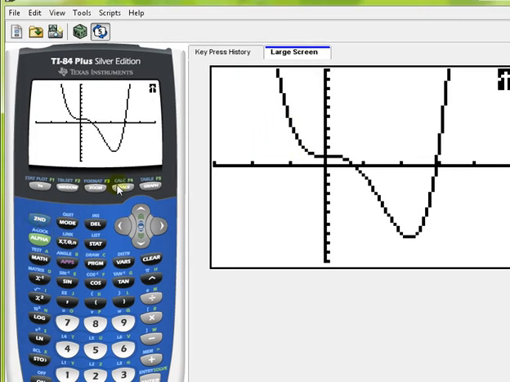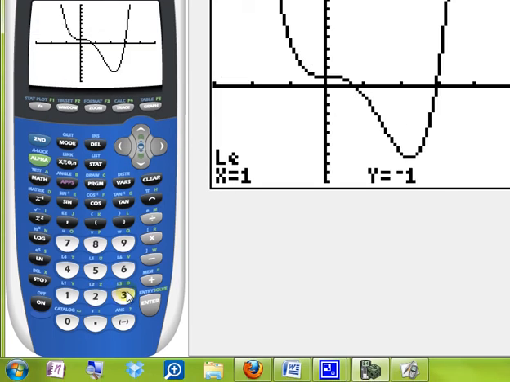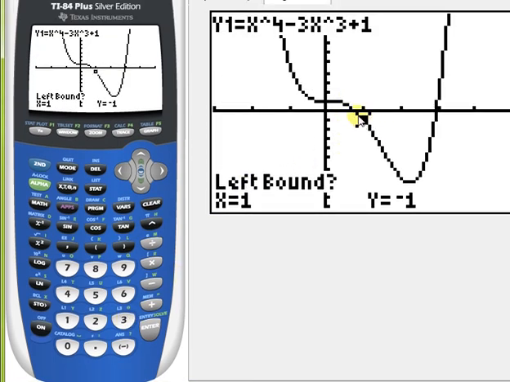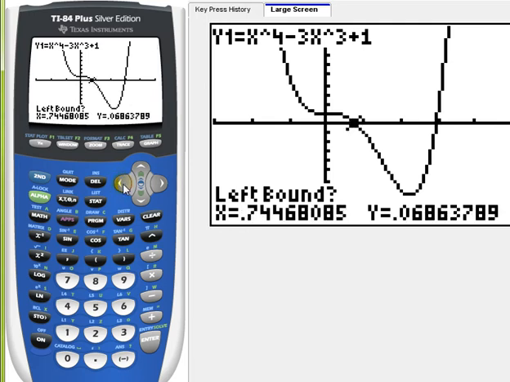So I'm going to use second calc 2. You can see where it says zero. I get a blinking cursor, and again we have to tell the calculator which zero we want. Since I'm closest to this one over here, I'm going to pull that blinking cursor, I often call it a spider, over to the left side of that zero.